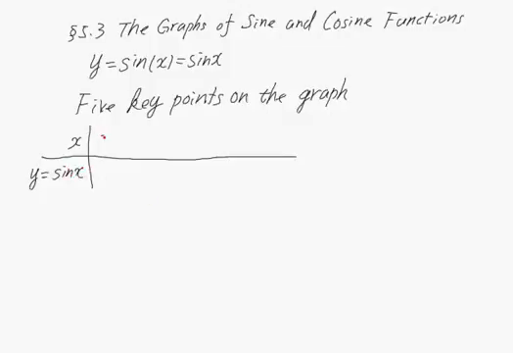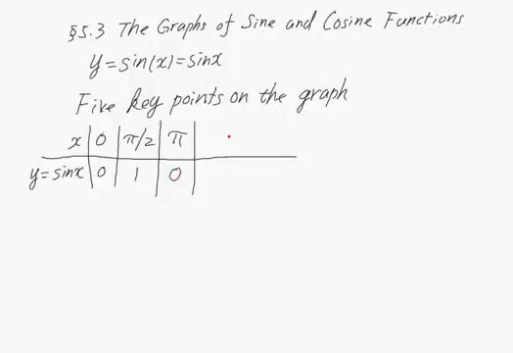First, let's take the 0. Well, sine 0 is equal to 0, right? Then let's take half pi. What is sine of half pi? 1, right? Then sine of pi equals what? 0, right?